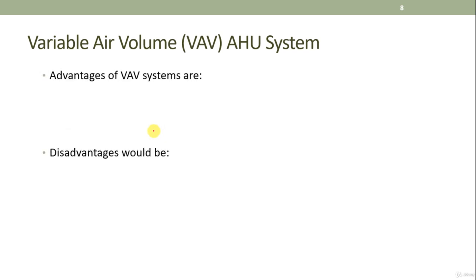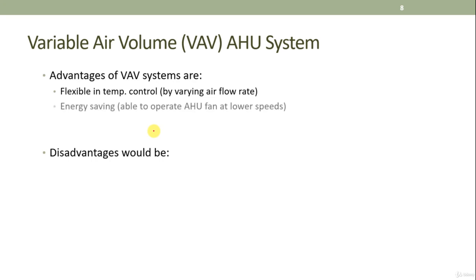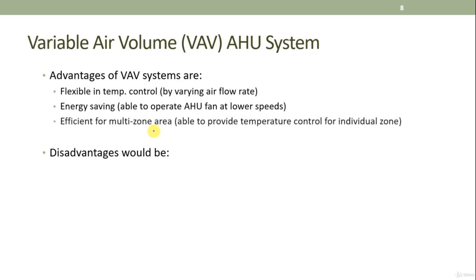For variable air volume, let's look at the advantages first. It is flexible in temperature control because now you are able to modulate the amount of airflow rate into the room. And there are chances for energy saving because you will be able to ramp down the fan speed when the load is low. It's also very efficient for multi-zone areas.